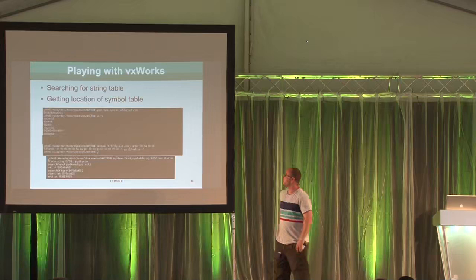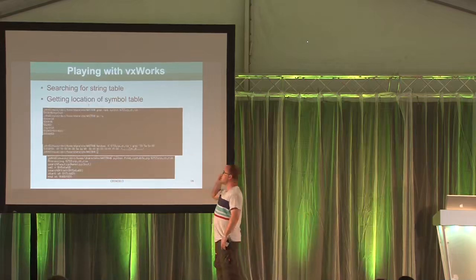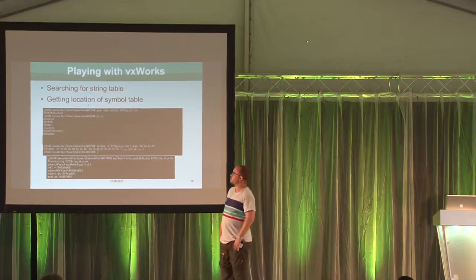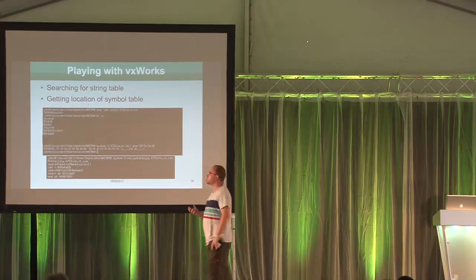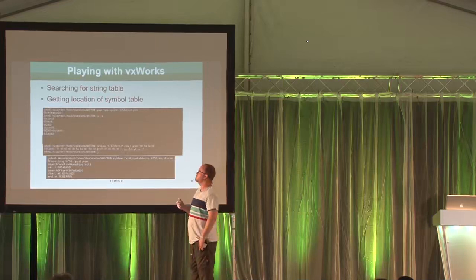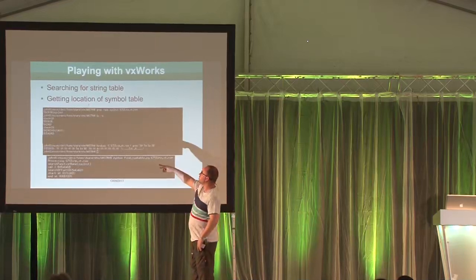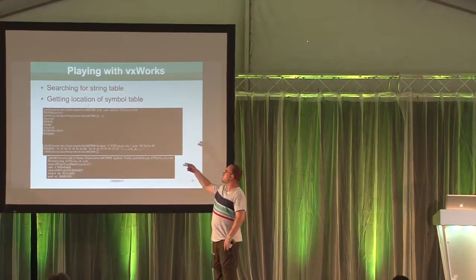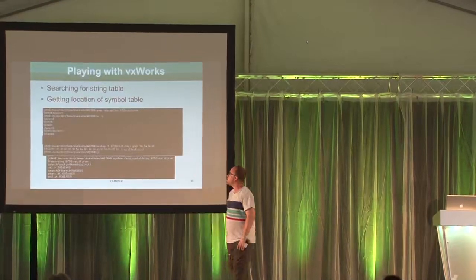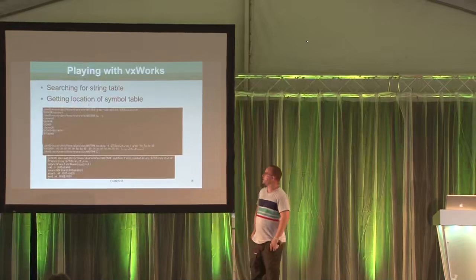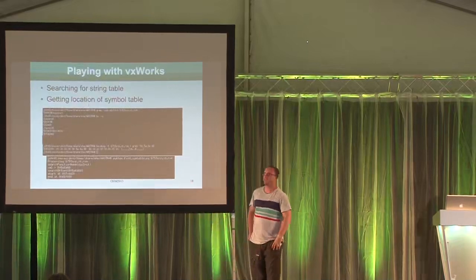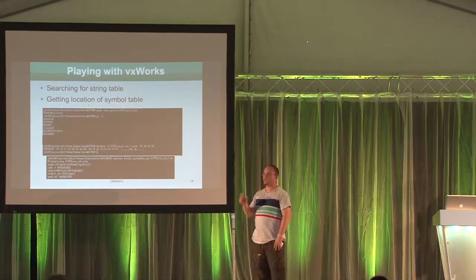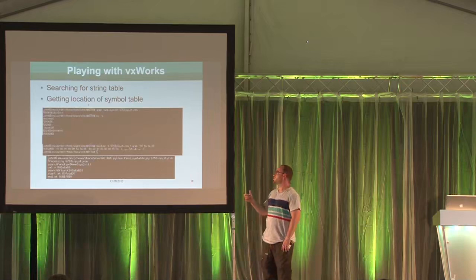So using grep, we will find the offset of the string in the binary, and we then compute the real address of the string. We just add 0x80004000, which gives us where the string is located in memory. We then search for this address in the binary. The objective is to find one entry of the symbol table, which will contain the pointer to this string.